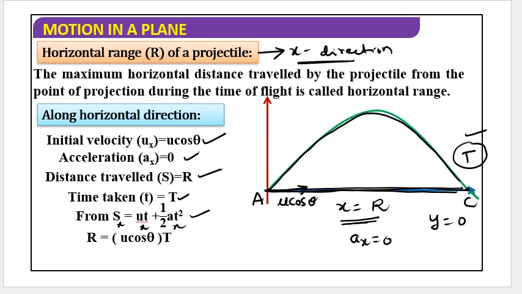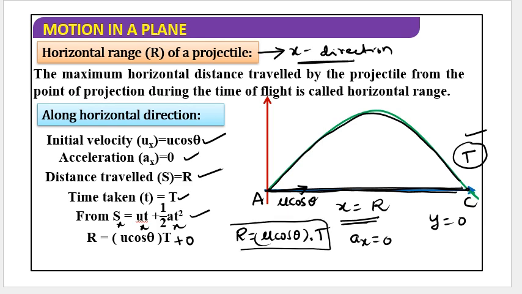So in the place of sx, r is equal to ux, u cos theta, in the place of t time of flight, plus in the place of ax, that is equal to 0. So from this, range is equal to u cos theta into time of flight.